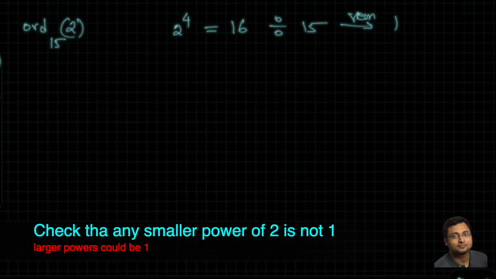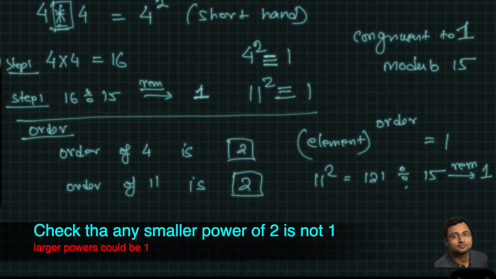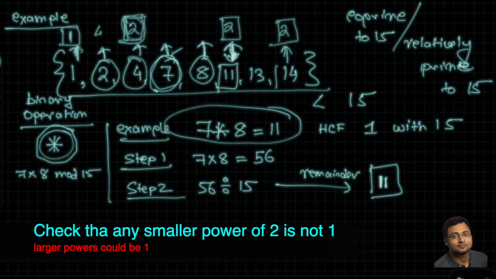So order of 2 is 4, because if you raise 2 to the power 4, then you get 1. It's congruent to 1 under that particular binary operation, that star operation. So order of 2 is 4.